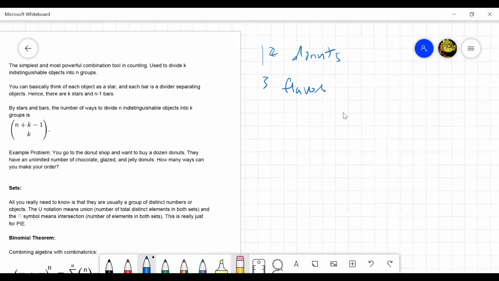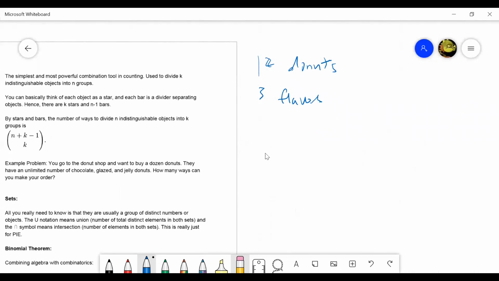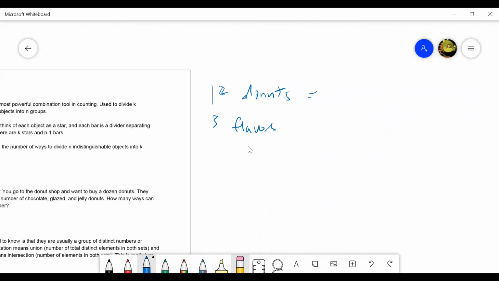Each donut can have 3 different flavors, but each donut is considered indistinguishable from all the other donuts besides its flavor. So this is like having indistinguishable donuts and distinguishable flavors, and the stars and bars method would apply for this kind of case.